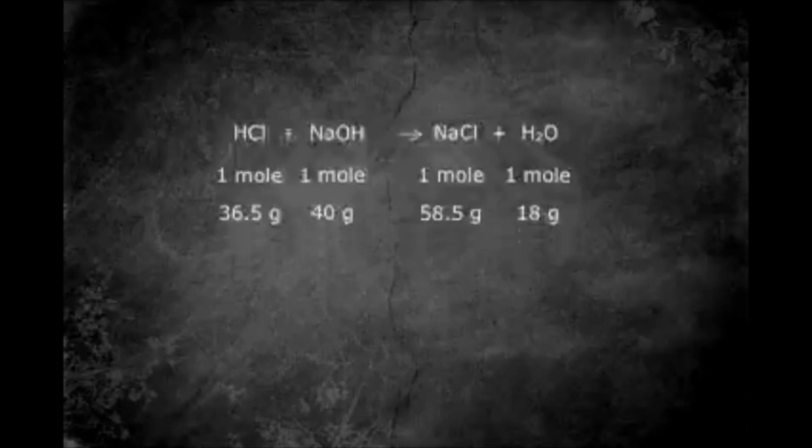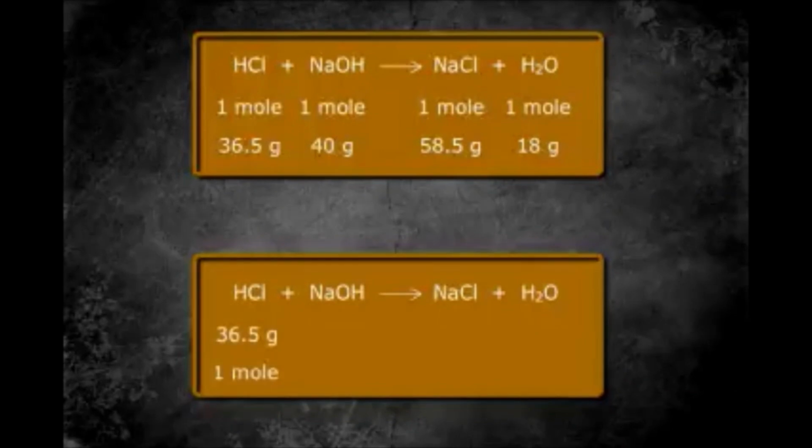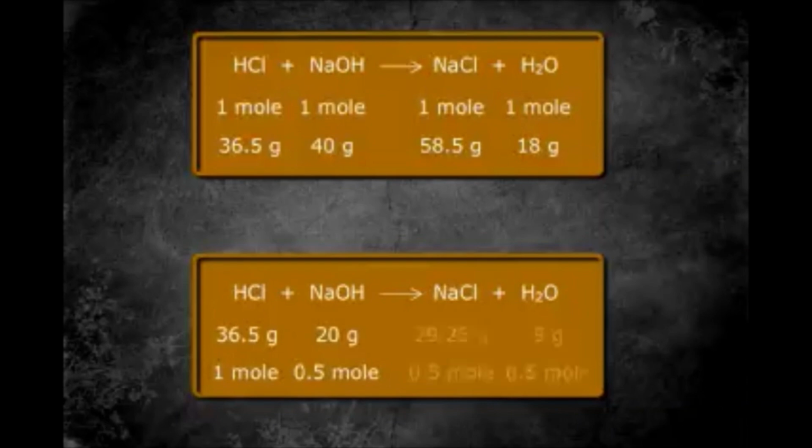Now, if we take 36.5 gram of acid and react it with 20 gram of base, what will we obtain? We will obtain only 29.25 gram of salt. And why is it that so?